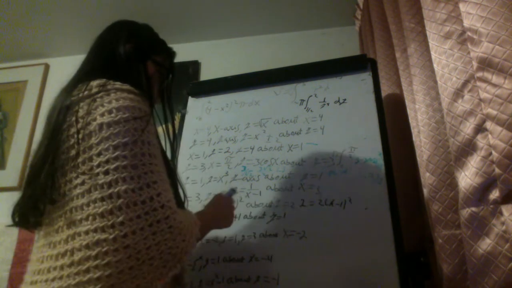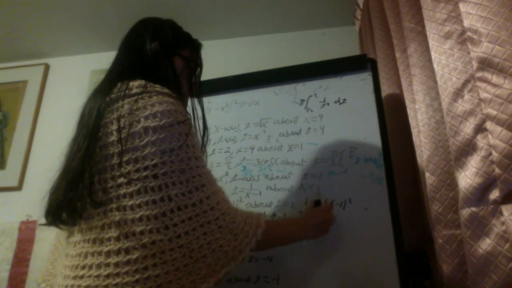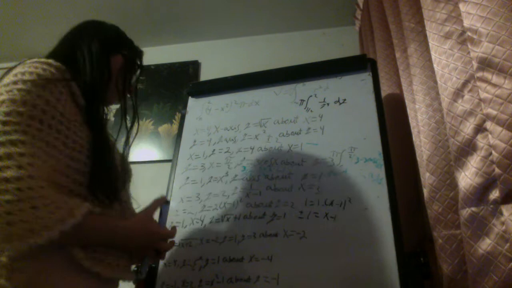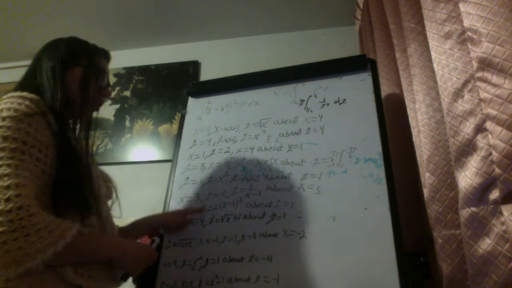We divide everything by 2 and we get 1. The square root is plus or minus 1, which would be equal to x minus 1. So x is equal to either 2 or 0. So the limits of integration would be 0 and 2, the points at which these two equations intersect.